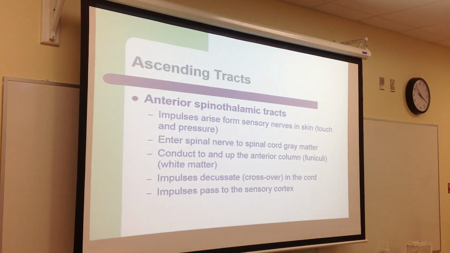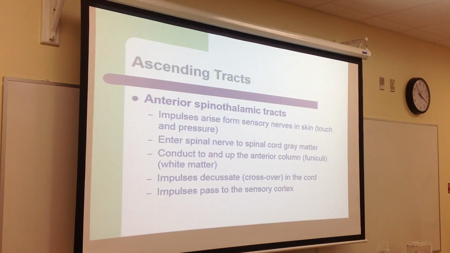Now, here you've got to remember if things cross or don't, and where they cross, if they do. All the ones we're going to look at today cross. Just remember where. And it's either going to be in the cord or it's going to be in the medulla. And you don't have to worry about that just yet. All right, crosses over in the cord, then goes to the thalamus. Now from the thalamus we need to have another neuron to relay the information out to the primary sensory cortex so we can interpret and localize what the sensation was.